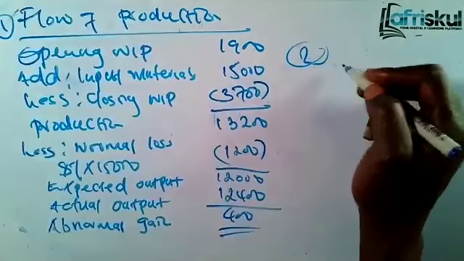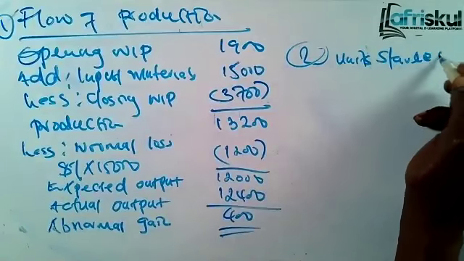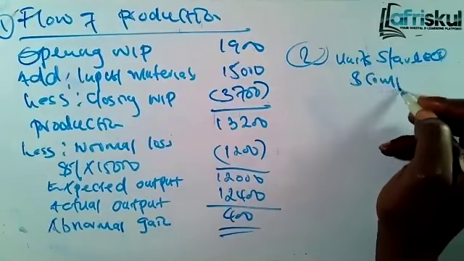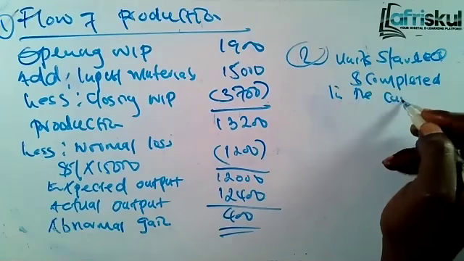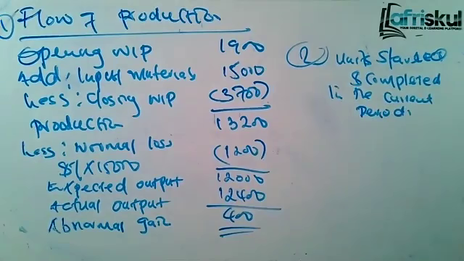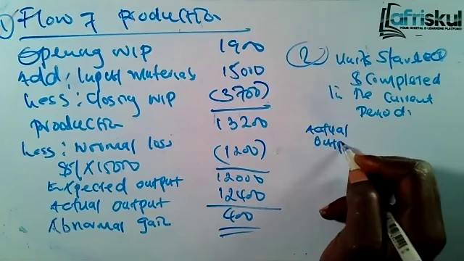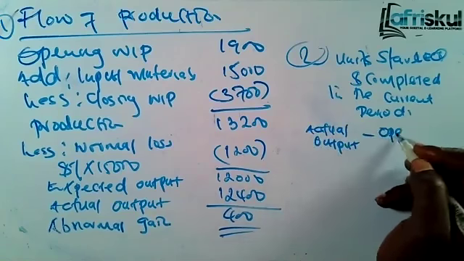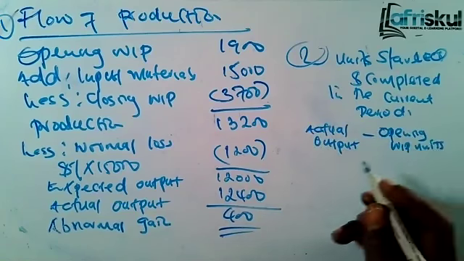Number 2, units started and completed in the current period. Units started and completed in the current period is actual output minus opening WIP units when you're using the FIFO method.